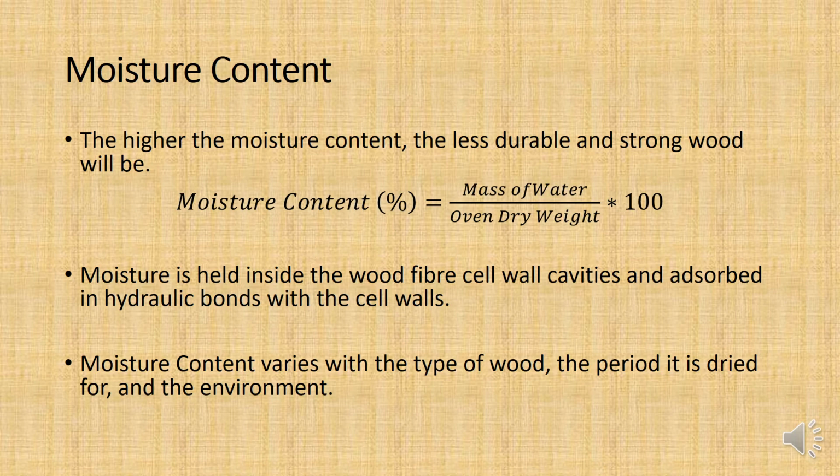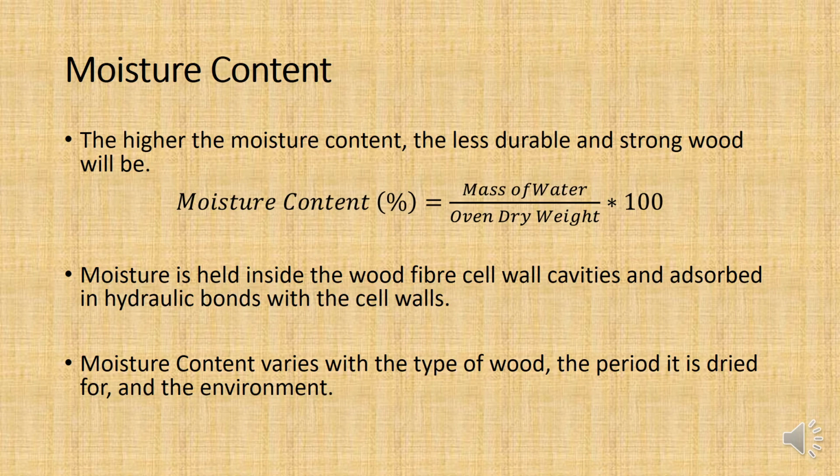You basically need to take a piece of wood, soak it in water, weigh it, and then dry it in an oven, and the difference is the mass of water, and then you divide that by the oven dry weight of the wood sample and you multiply that by 100. That gives you the moisture content of the wood.